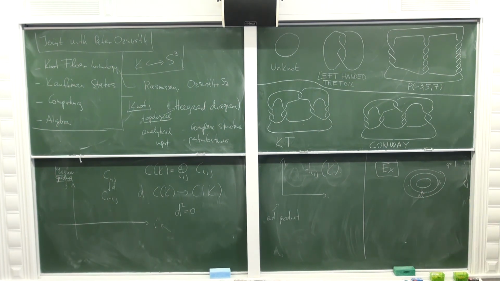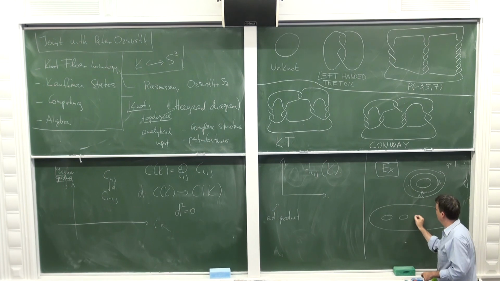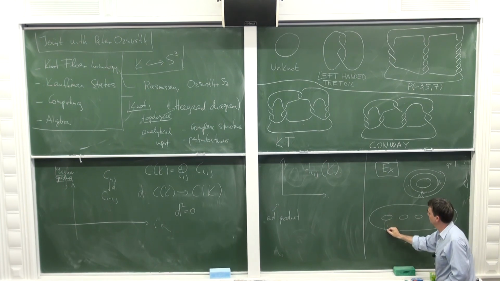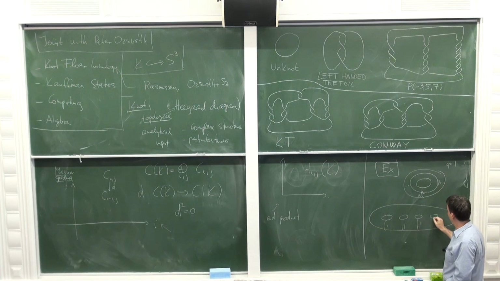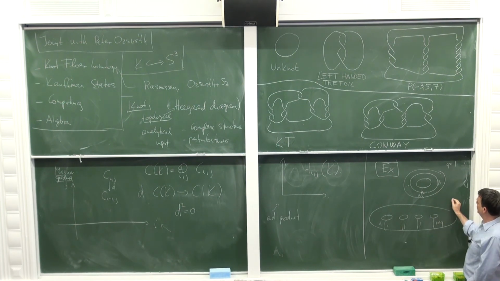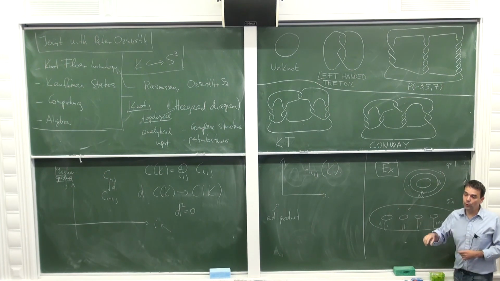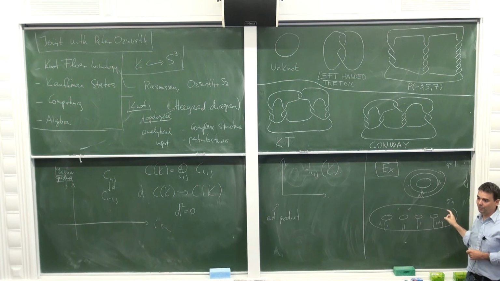So as soon as you have that picture, which in general would be something like a collection of circles, alpha 1 to alpha G. This is a genus G surface, and two points on it, but also a similar collection of beta circles, and I'm not going to do that.